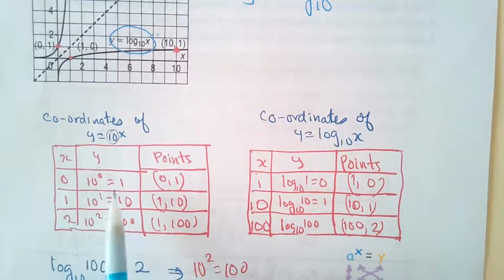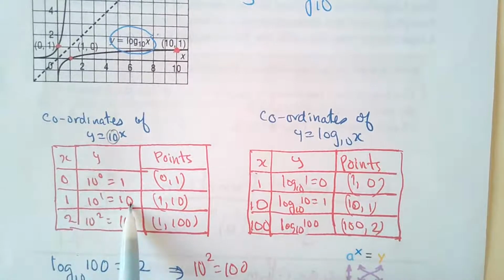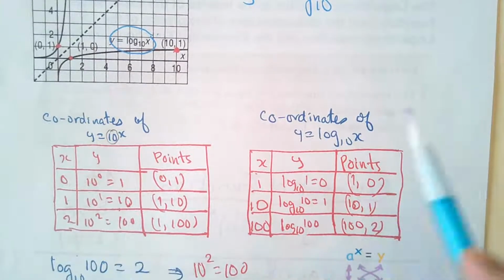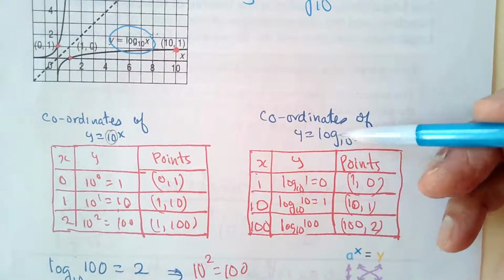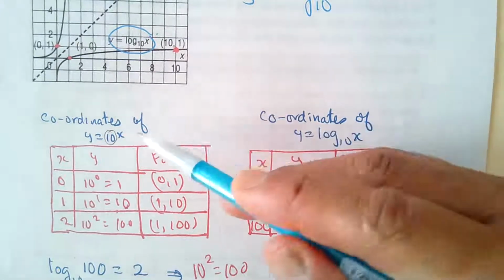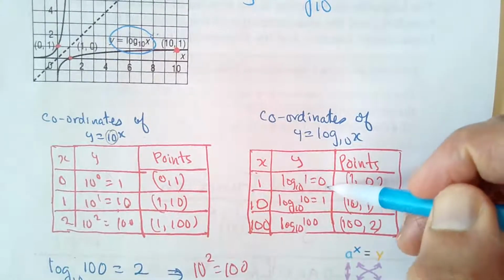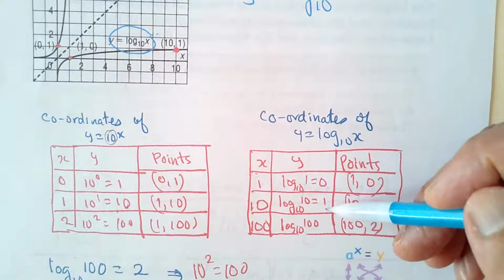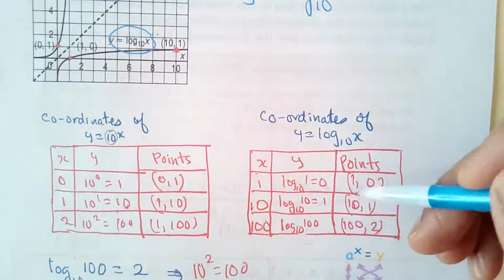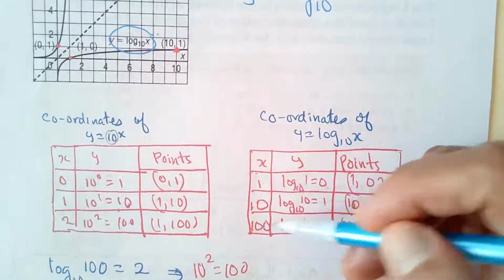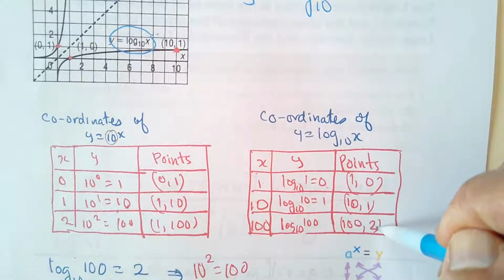So x is 0, y is 1; x is 1, y is 10; x is 2, y is 100. If you look at y equal to the inverse of this exponential, when x is 1, y is 0. When x is 10, y is 1. When x is 100, y is 2.